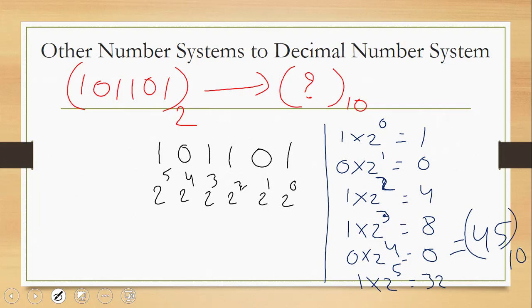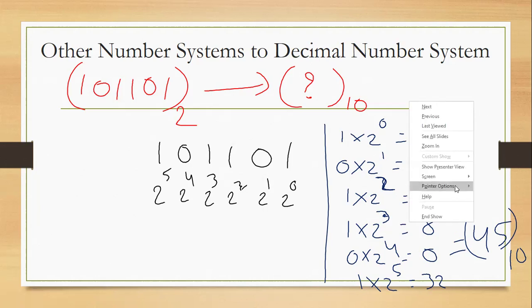So this is how we are going to convert a binary number to the decimal number system. Likewise, we can convert from octal to the decimal number system, and hexadecimal to the decimal number system as well. This is one example, and let's go with the other two examples also.